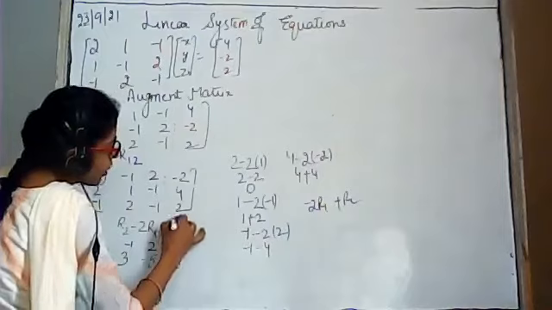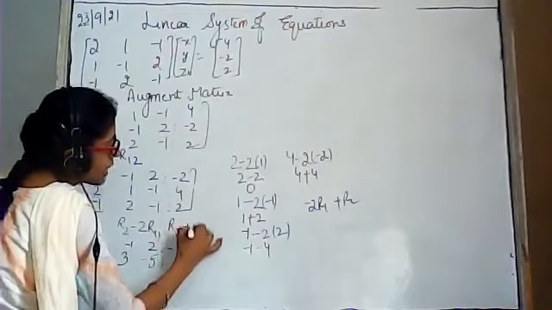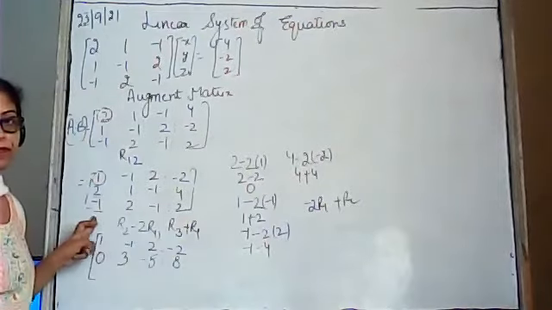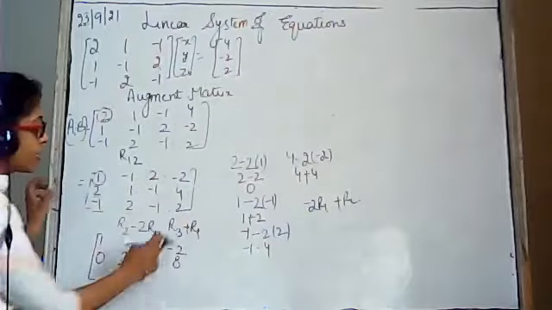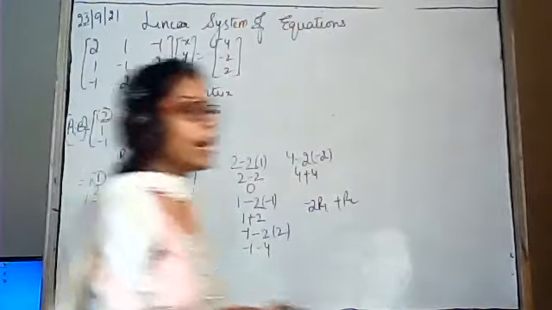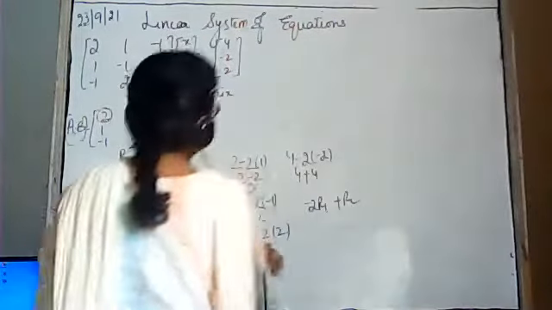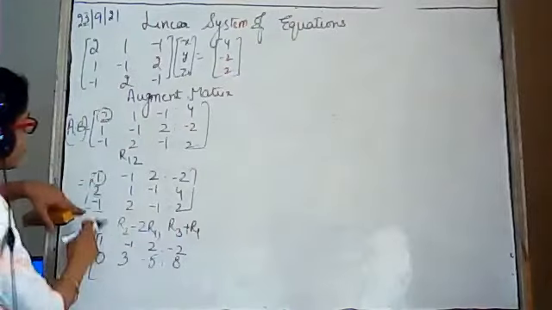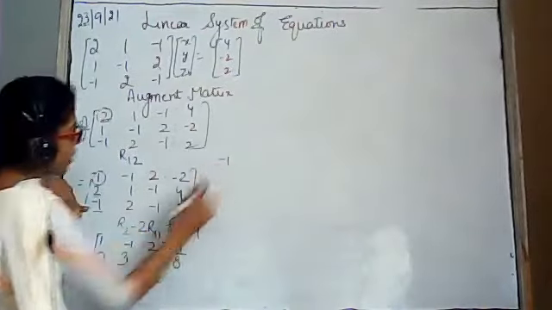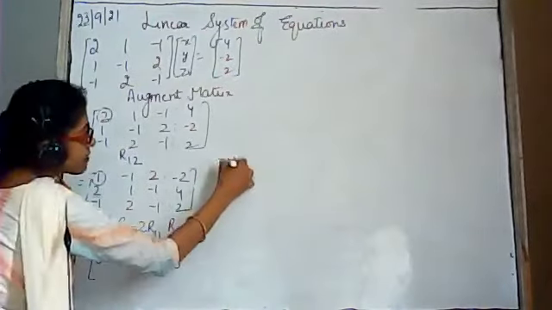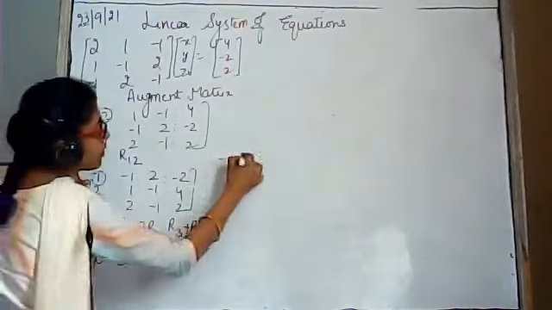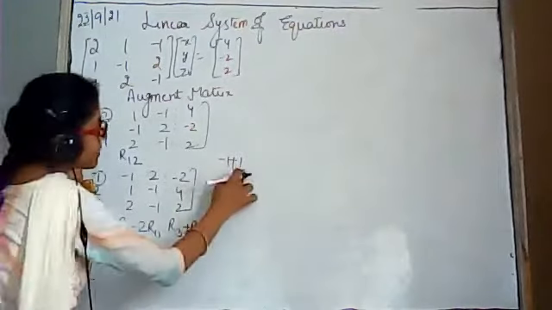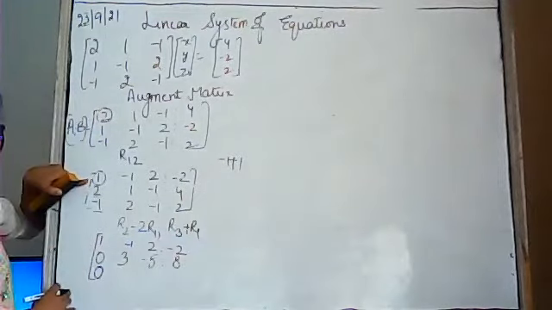So we are going to apply the operation now R3 plus R1. Again, R3 plus R1 means we are having the element minus 1 in the row R3 plus R1, it will be plus 1. Minus 1 plus 1 will be 0.